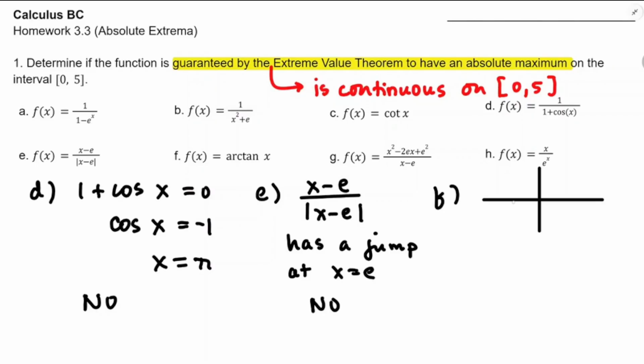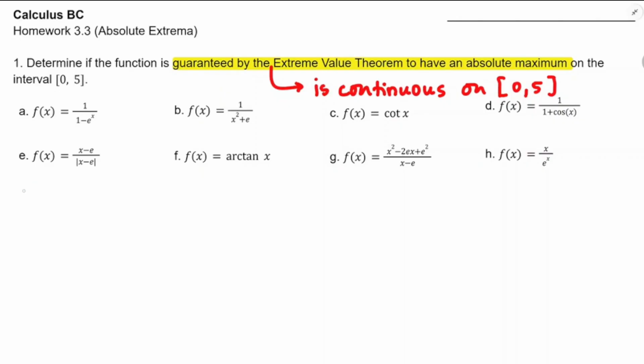I hate to say that, but arctangent is a function whose graph looks a lot like cube root, but it does have horizontal asymptotes at negative pi over 2 and pi over 2. And this function is continuous everywhere, so I'm going to say it's definitely continuous on 0 to 5, so that would be a yes.